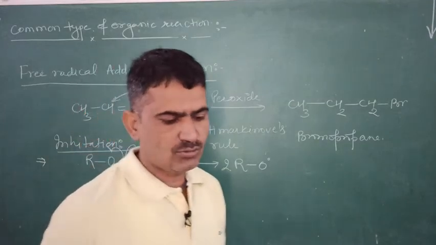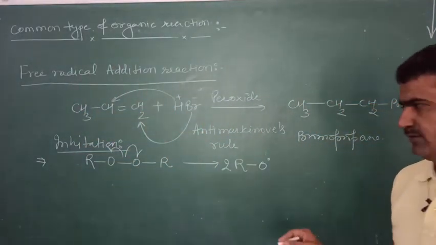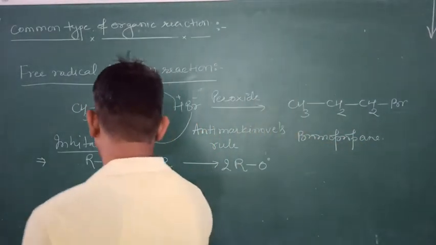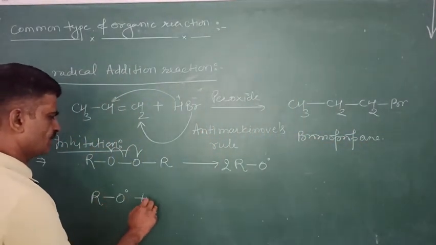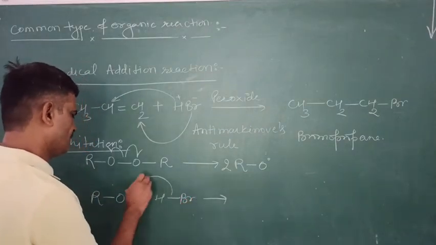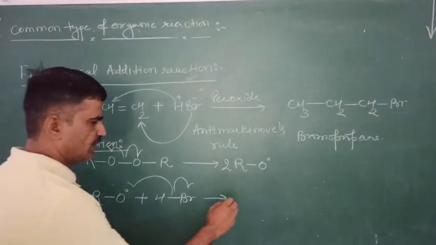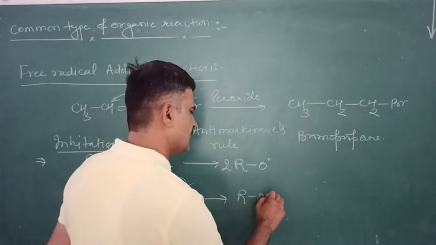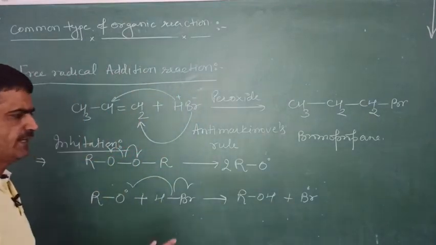Now this alkoxy free radical reacts with the HBr. It forms ROH, alcohol, and a bromine free radical is generated now.